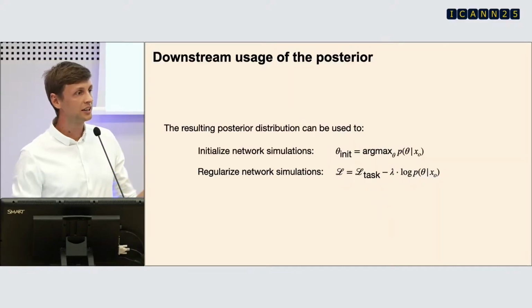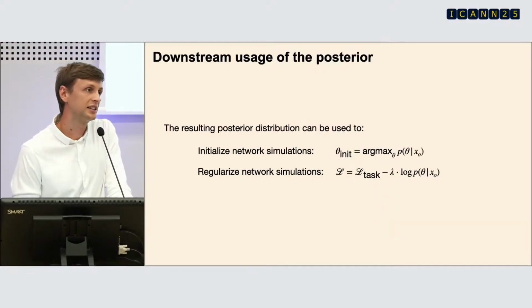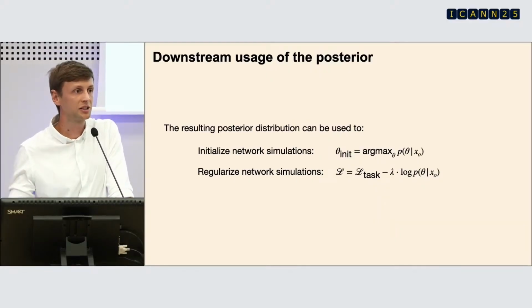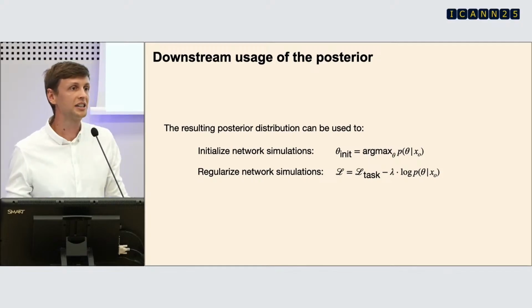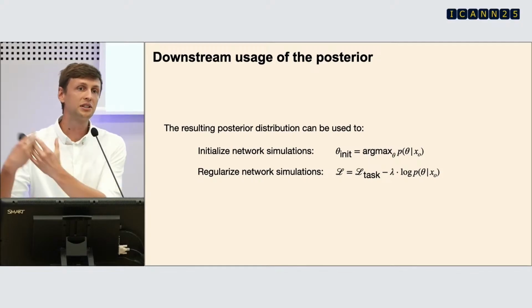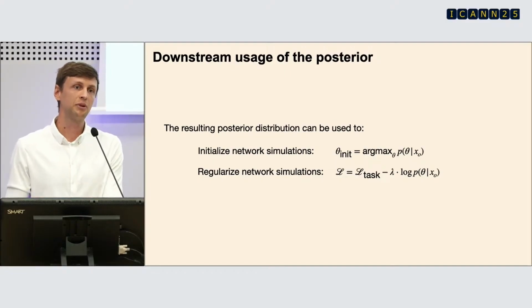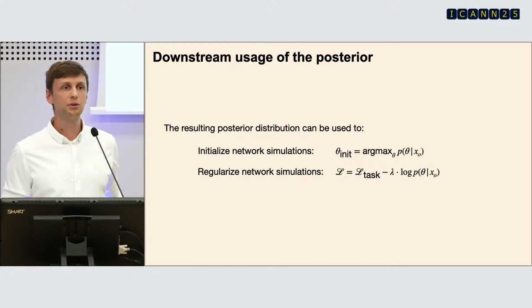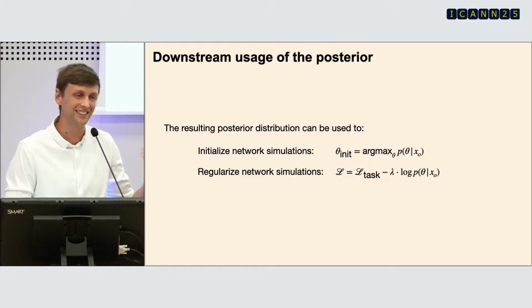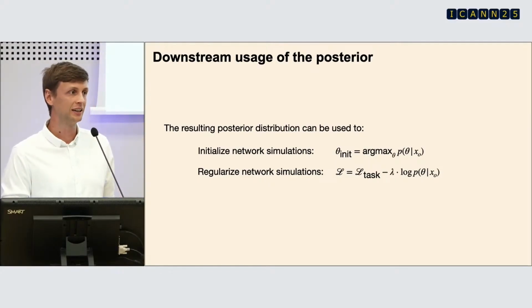But getting the posterior for single cells can also be really useful for network simulations later on. For example, we could imagine that we assemble single cells into a network, and we can then already initialize the network simulations with the maximum a posteriori estimate for these single cells, such that the network simulation already gets initialized in a region where the single cell activity is somewhat healthy.